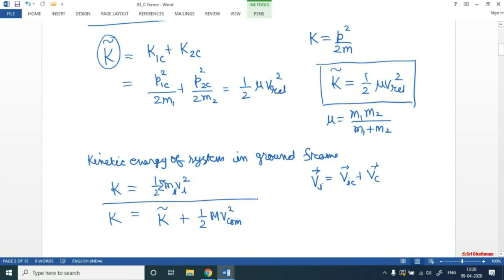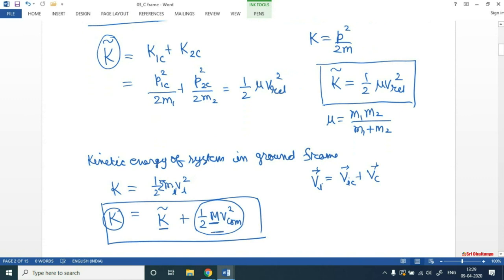So this formula is also very important. It says that the total kinetic energy of the system in the ground frame will be equal to the internal kinetic energy of the system, that is the kinetic energy of the system with respect to the center of mass frame, plus we can consider this term as belonging to the motion of the center of mass as a whole, because capital M here is the total mass of the system, and VCOM is the velocity of the center of mass.